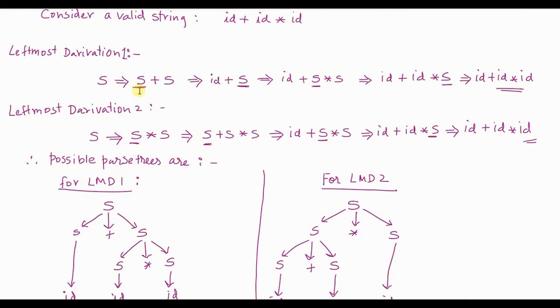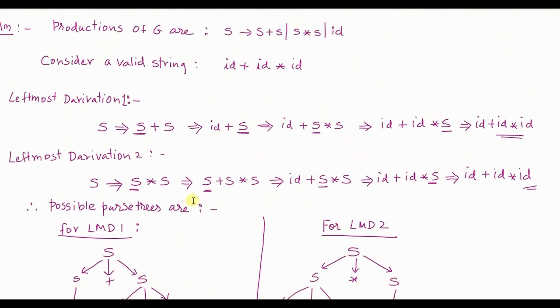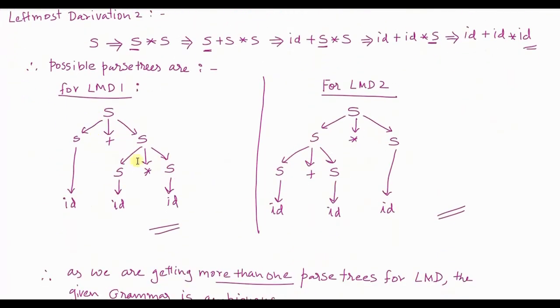If for leftmost derivation you are able to show two different LMDs and two different parse trees for that string, then you have already proved it. So don't go for rightmost derivation again. But suppose the leftmost derivations do not give you more than one parse tree, then you can go for RMD, but that case will never arise.